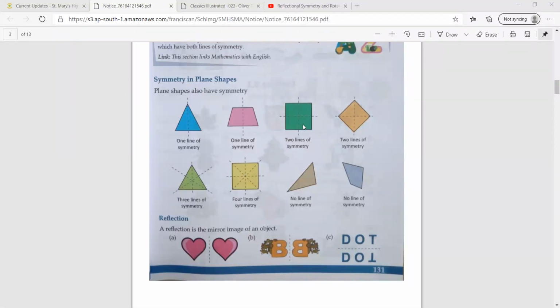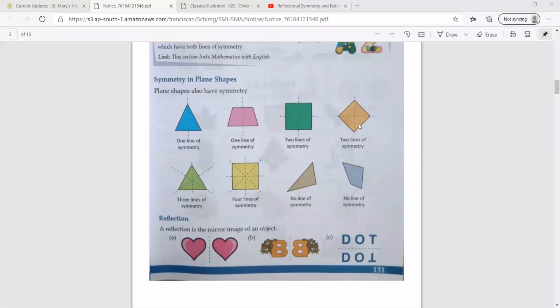Now here we have a square which has two lines of symmetry shown, but a square can have four lines of symmetry like this. This also we watched in the videos. If you don't remember, you can watch the videos again. They are on the website and the school app.